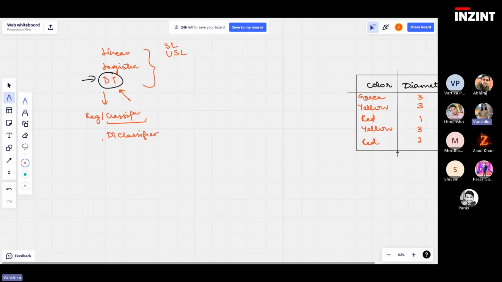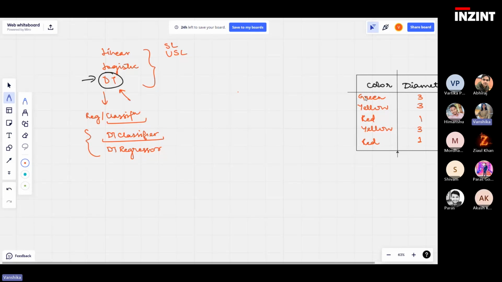And I was telling you that if this problem was regression, then instead of this function you would use the decision tree regressor, because you can apply decision tree to both kinds of data.